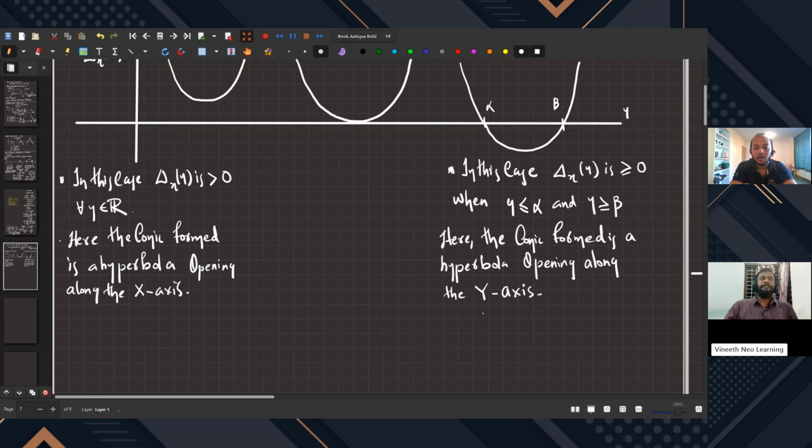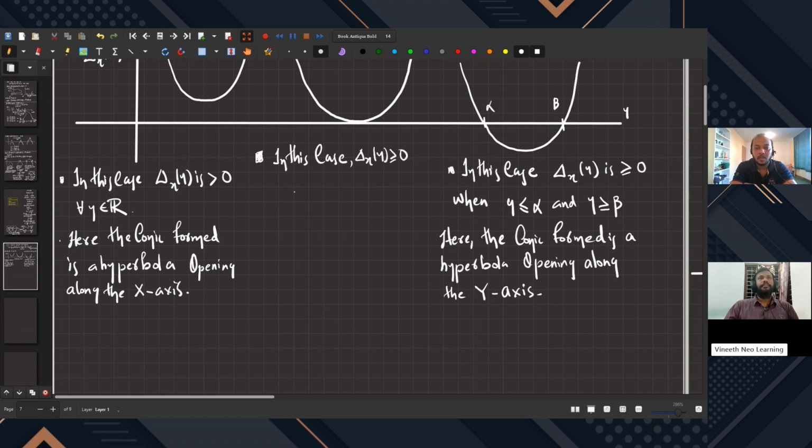In this case, this is a very interesting situation. Can you tell me the values of y for which delta x of y is greater than or equal to 0? Almost every point.